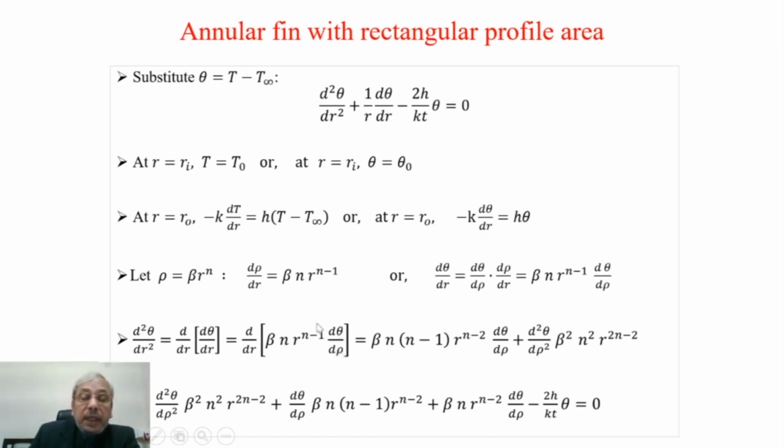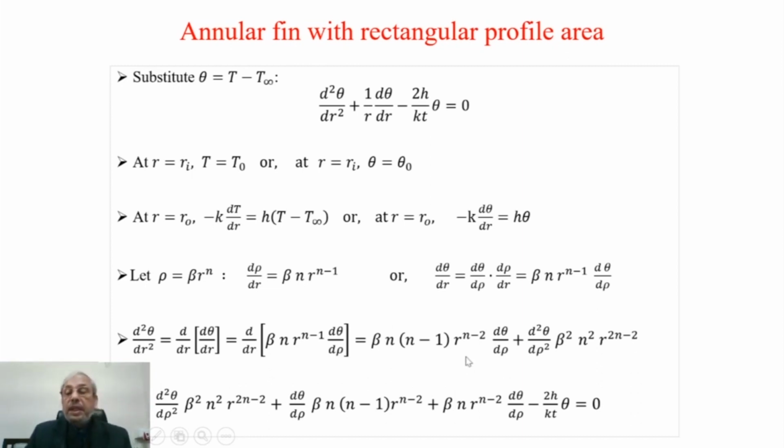And obviously, once we differentiate this quantity, we get beta n (n minus 1) r to the power n minus 2 d theta/d rho, and then d2 theta/d rho2. Again, when we differentiate that, we get this beta squared n squared r to the power 2n minus 2.